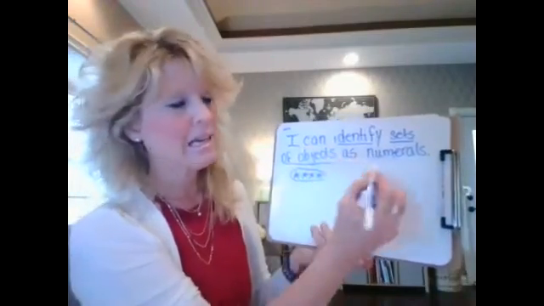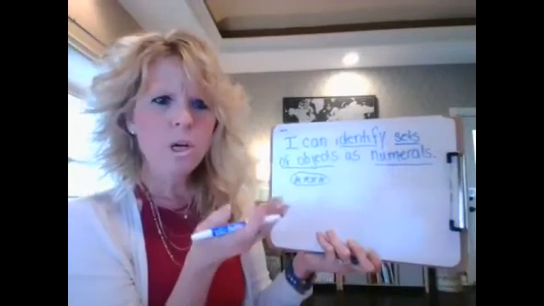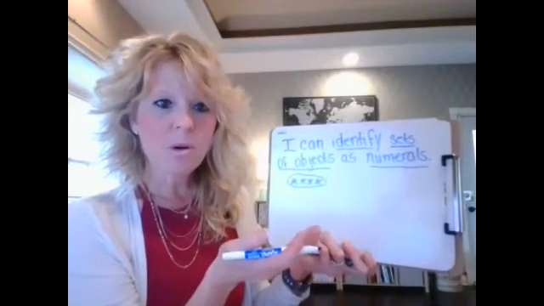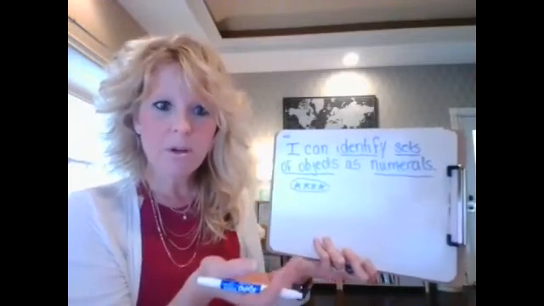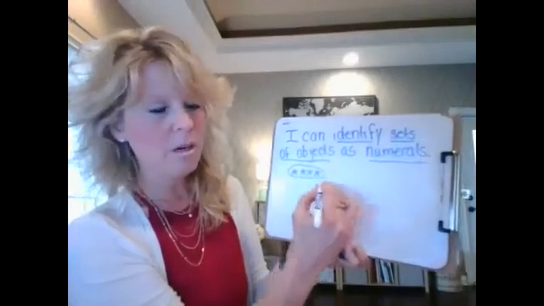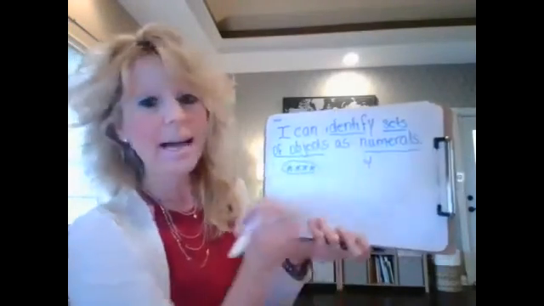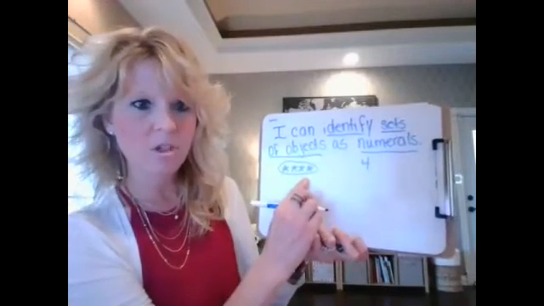But the last thing in this I can statement are numerals. The word numerals is nothing more than a word that means a symbol for a number. For example, this is a set of 4. You would write that as 4. This is a numeral. This is a set of objects.